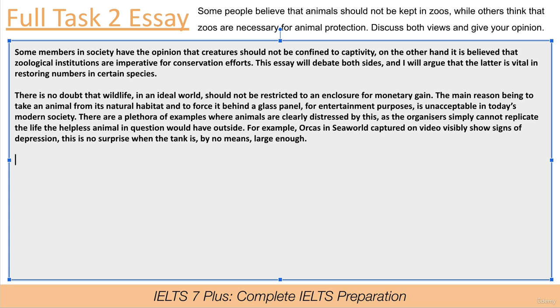There are a plethora of examples where animals are clearly distressed by this, as the organizers cannot replicate the life the helpless animal in question would have outside. For example, orcas in SeaWorld, captured on video, visibly show signs of depression. This is no surprise when the tank is by no means large enough.